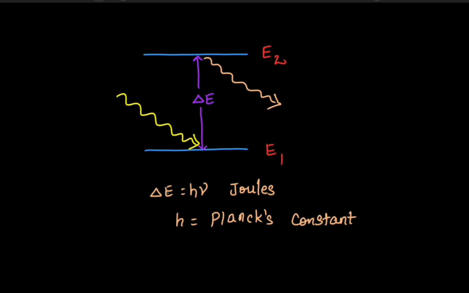The difference of energy between the two energy levels equals h times the frequency, where h is considered to be the Planck's constant. So this could be given in joules, right? Whenever this amount of energy is taken, then transition will occur from one energy level into another energy level.